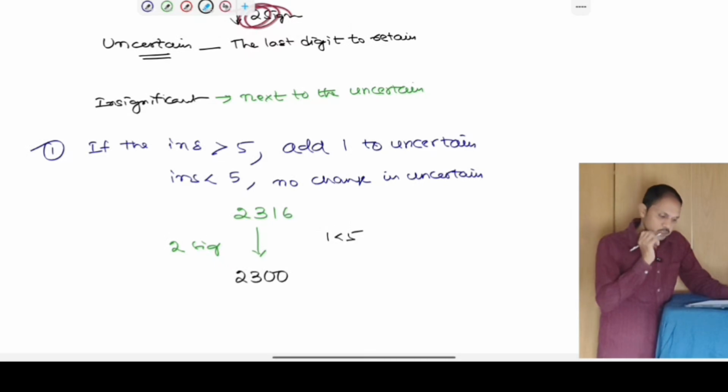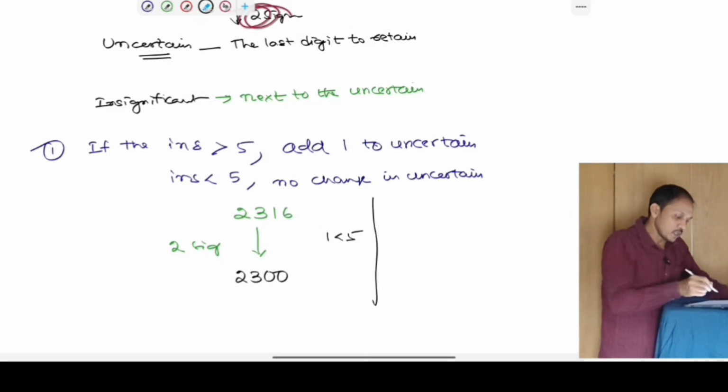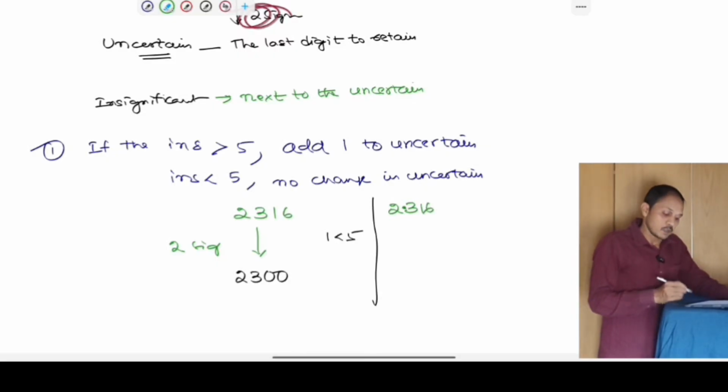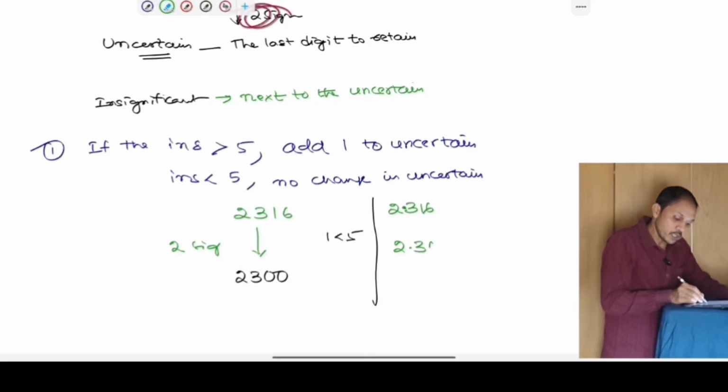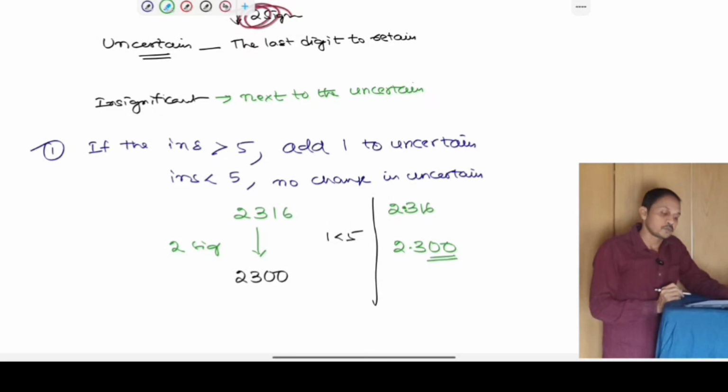But we have to remember one thing here. What if the number is like this, 2.316? Then again, rounding off, uncertain is 3, next one is less than 5, of course same. So 3 will not change, 2.3. Now don't write zeros. What happens if you write zeros? Now it is becoming 4 significants. Why? Because the trailing zeros are significant if there is a decimal point.